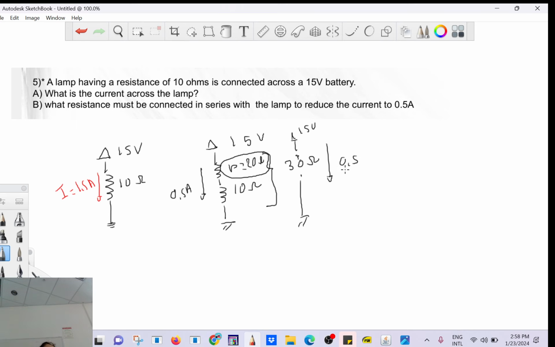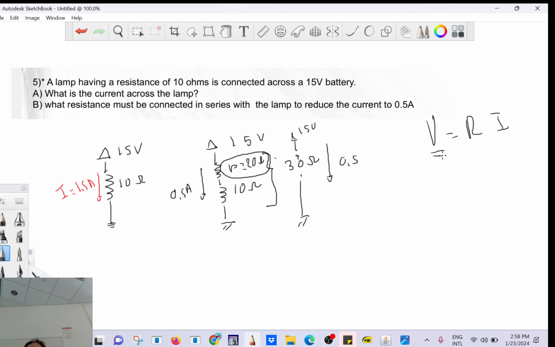That's what you want. So you see, when you add the resistor, that's to decrease the amount of current flowing. Maybe there is too much current flowing, so you need to add the resistance. You multiply the resistance by 3, the current will be divided by 3 for the same voltage. Okay, so V equals Ri.